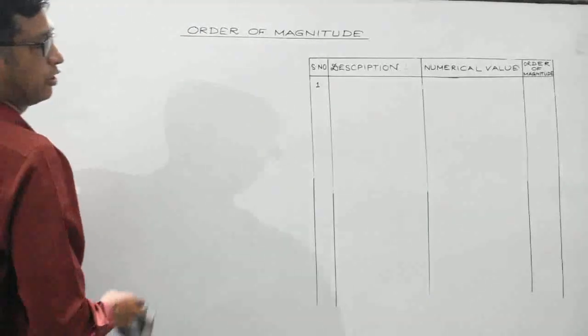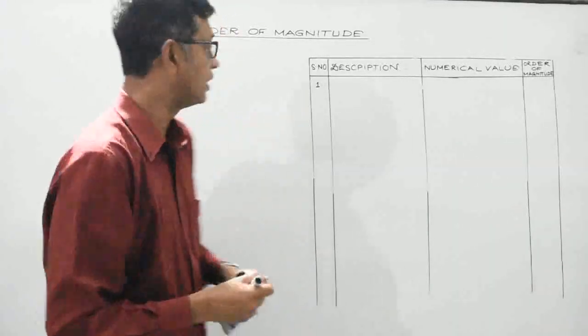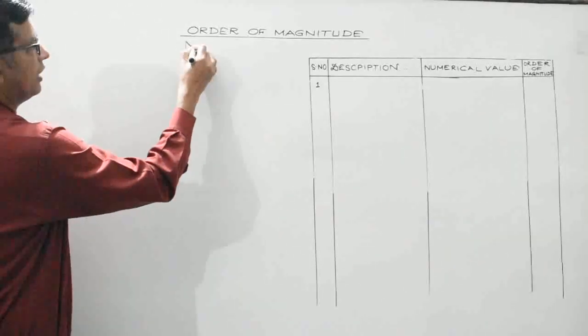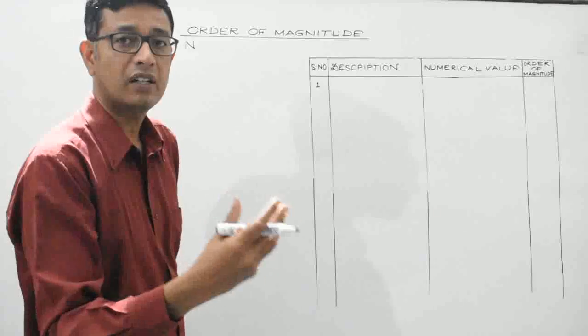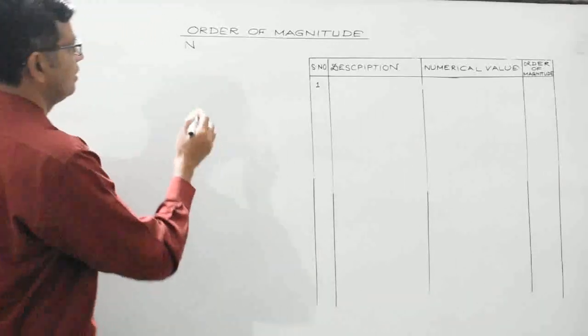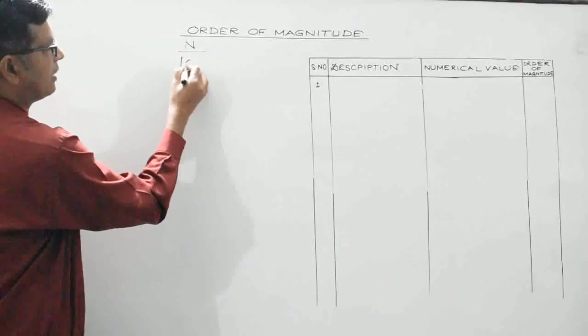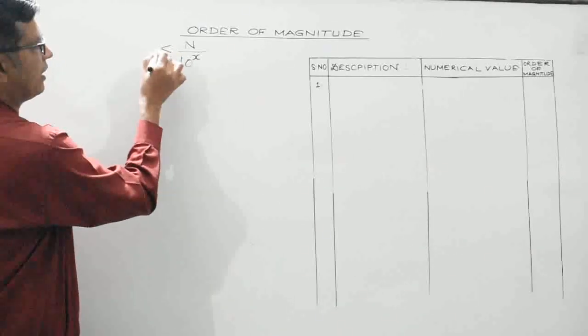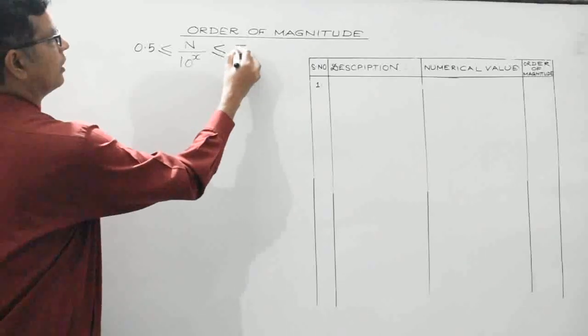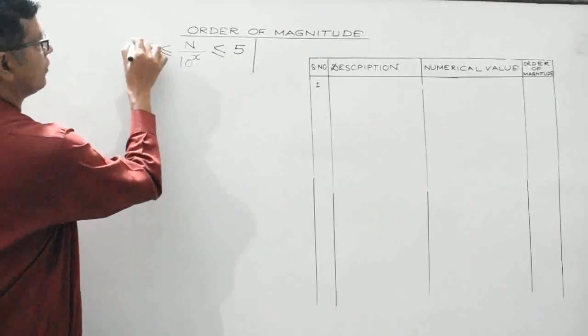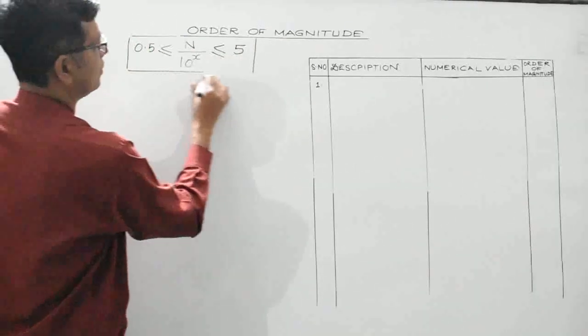If a physical quantity has numerical value n, and suppose its order of magnitude is 10 raised to power x, then n divided by 10 raised to power x should be greater than or equal to 0.5 and less than or equal to 5. It must satisfy this equation.